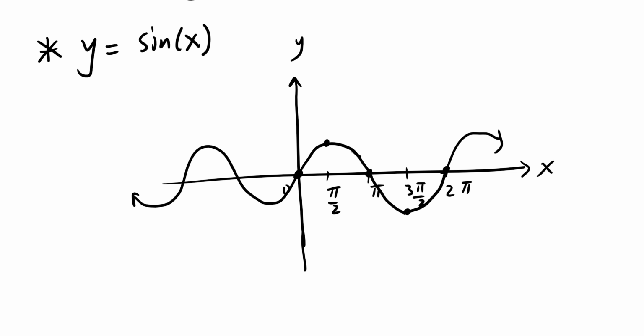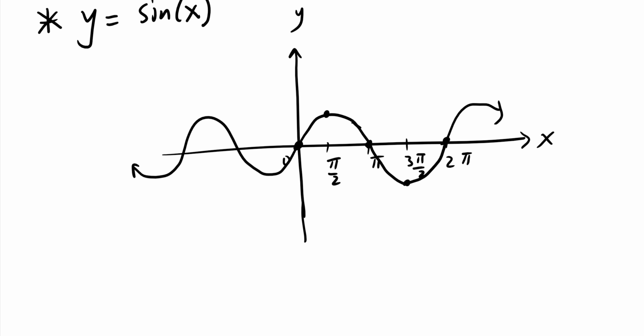Now, if you remember, this function has no inverse. In order for a function to have an inverse, it has to pass the horizontal line test. Which means if you draw a horizontal line, it must cross the graph at most 1 point, no more than 1 point.